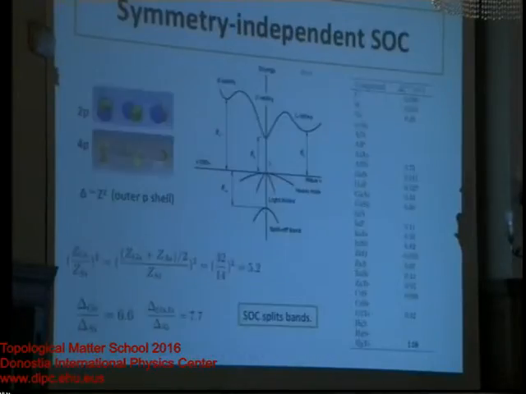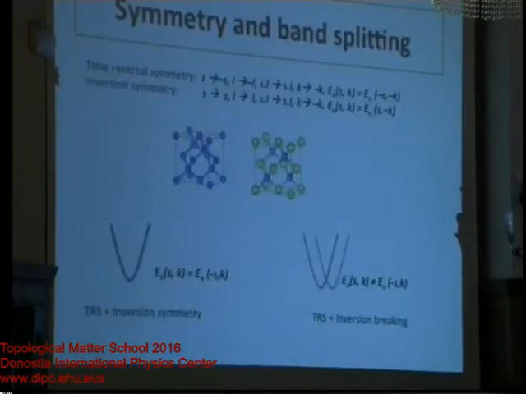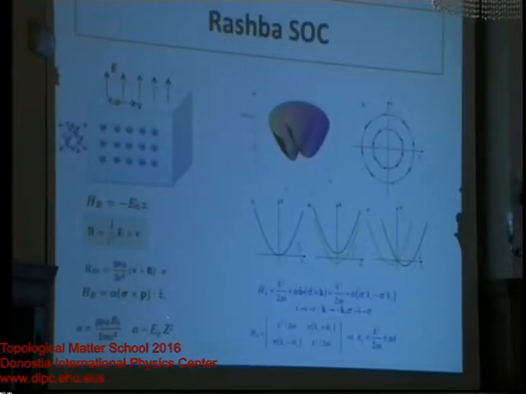As we said, for these outer electrons, the strength of spin-orbit coupling is proportional to this square. This means this electron still lives in the lattice. It still feels the lattice field of this nucleus.